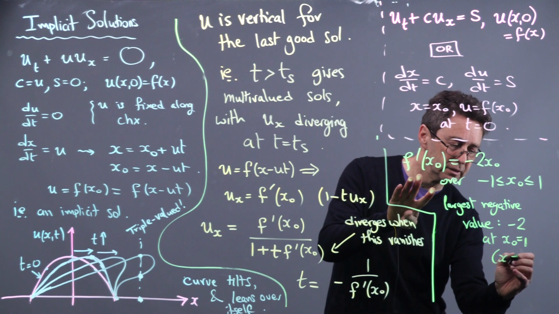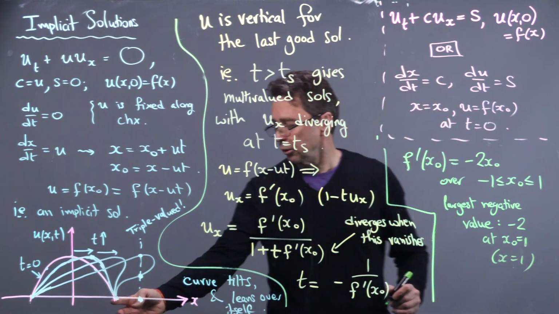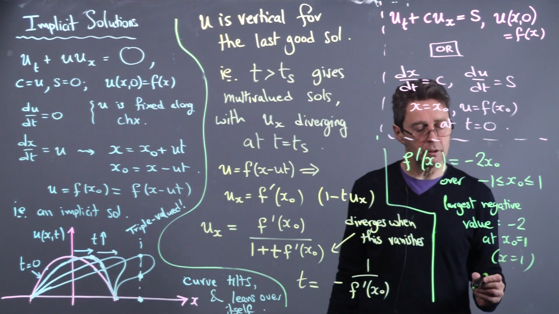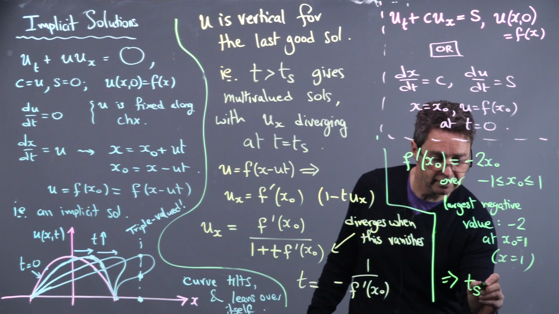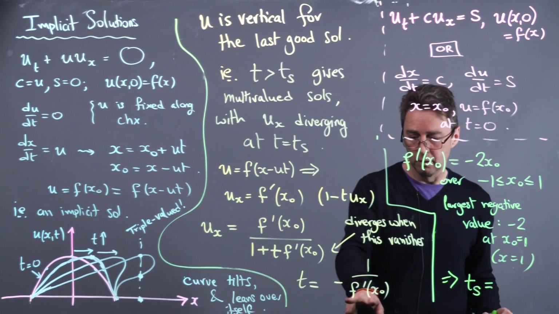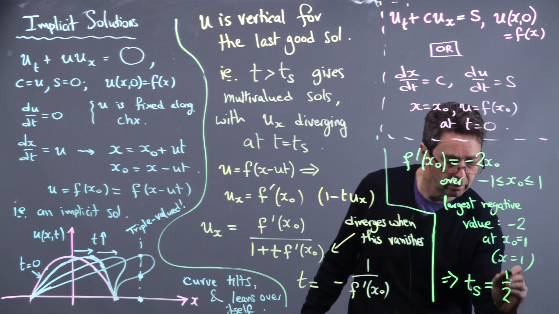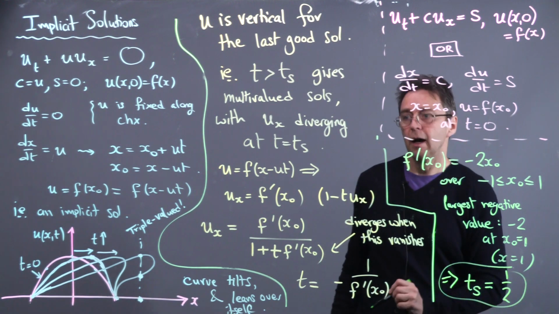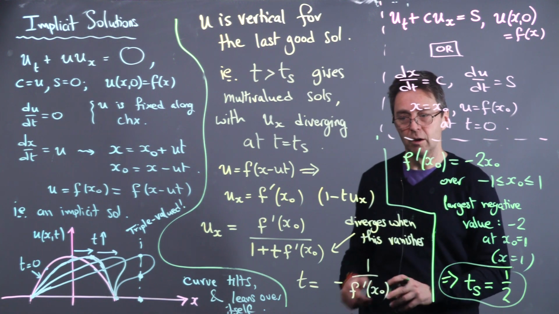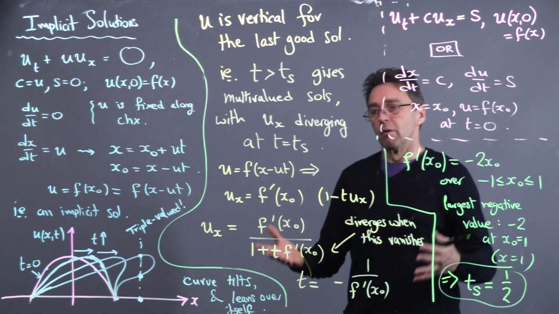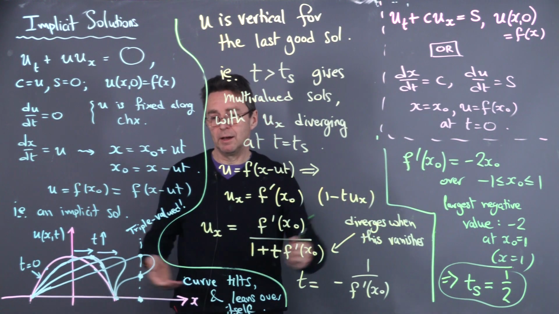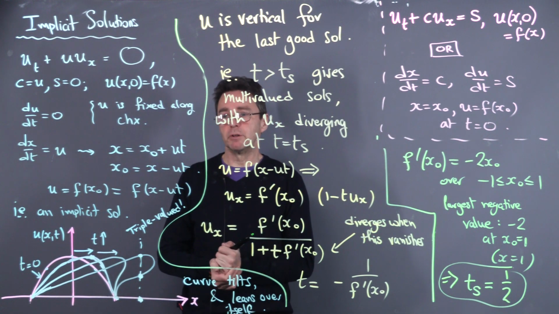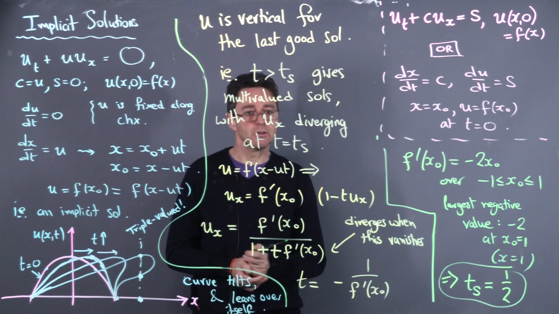That's the same as x is equal to 1, remember, since that point doesn't move. Okay, so that means that Ts is equal to 1/2. So things go wrong at 1/2, and beyond that, we better just throw our hands in the air and run around screaming, because things have gone terribly wrong.